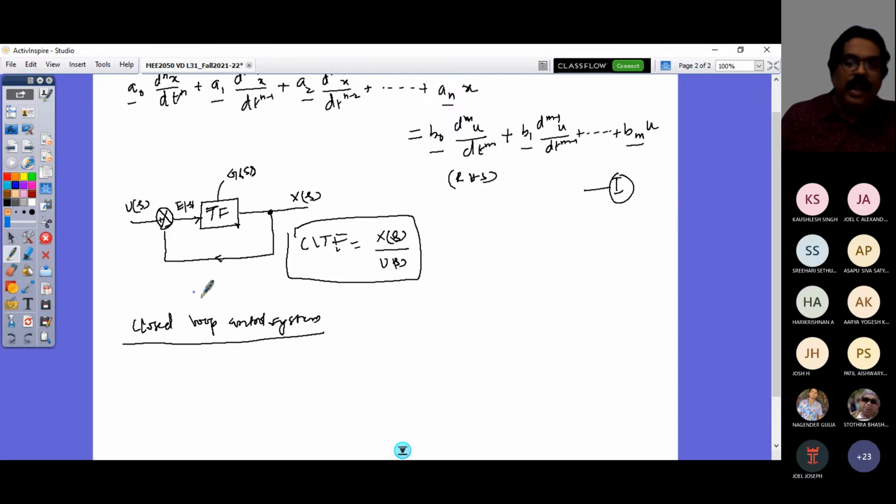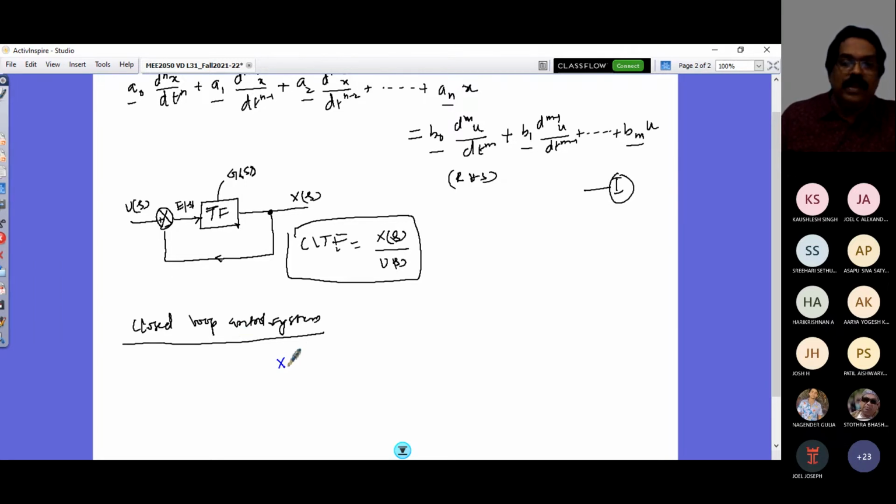So I would have my X of S by U of S in this way, if I apply the Laplace transform with zero initial conditions.